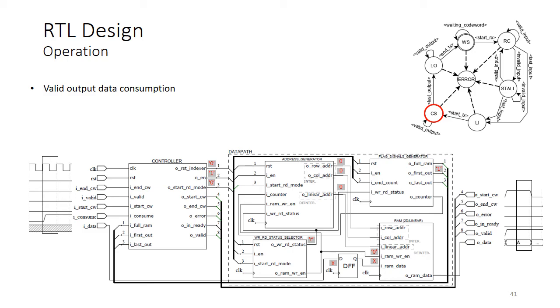Whenever that happens, the controller asserts O_n, and the output indexers are incremented accordingly, column-wise for the interleaver and row-wise for the deinterleaver. RAM indexes are incremented until the end of the code word delimiter is reached, which is informed by the flag signal generator. Finally, the IP returns to the wait state, and the process starts over again.